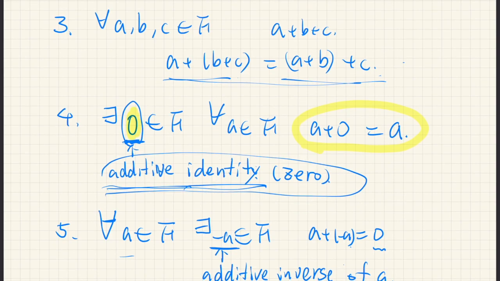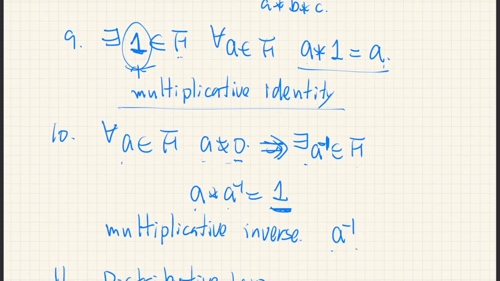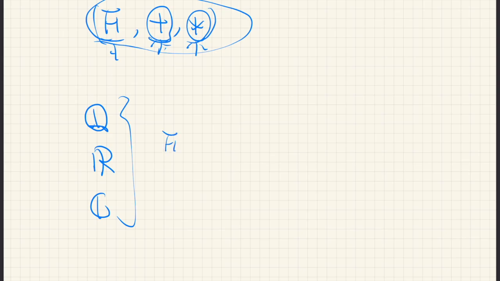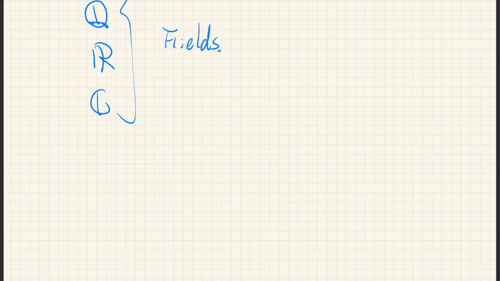Let's see some examples. As we stated in the introduction to this video, the set of rational numbers is a field, the set of real numbers is a field, and the set of complex numbers is a field. For example, if A and B are rational numbers, A plus B is also a rational number.